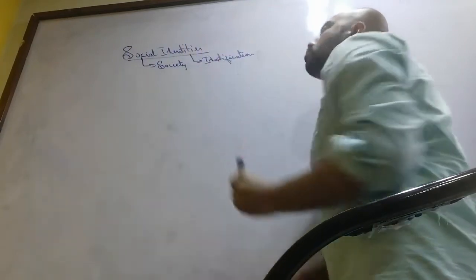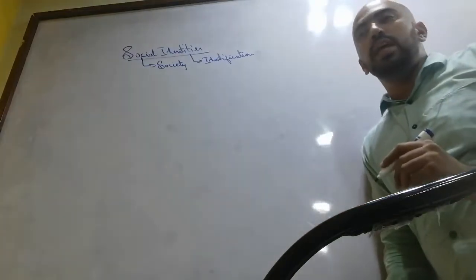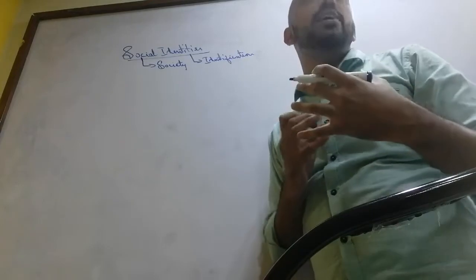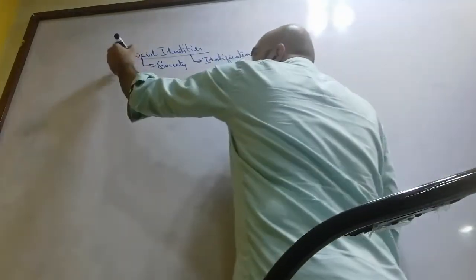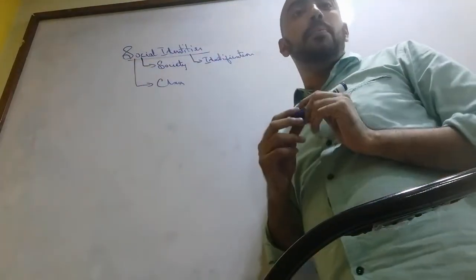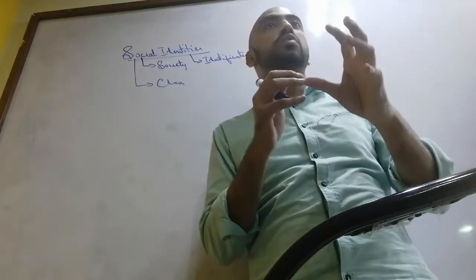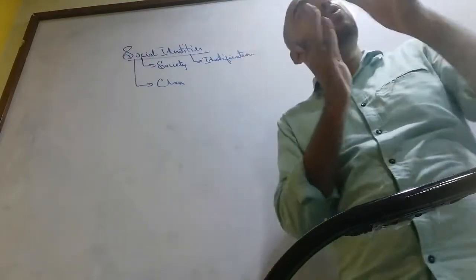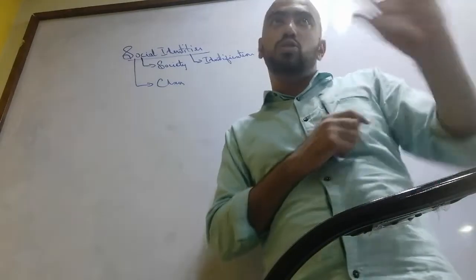Initially we need to understand the key areas of social identities. The first one is class. Class is the biggest factor to identify the status, role or culture of any individual within the society.